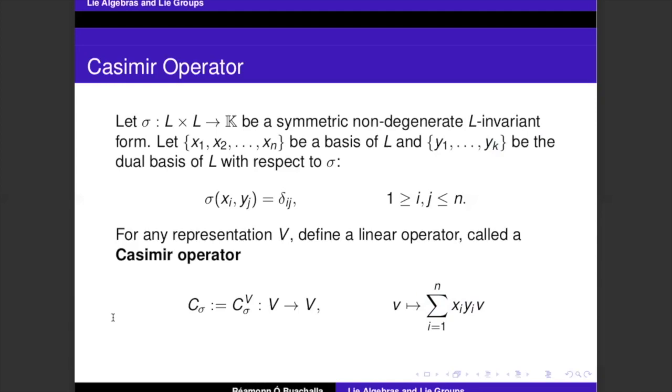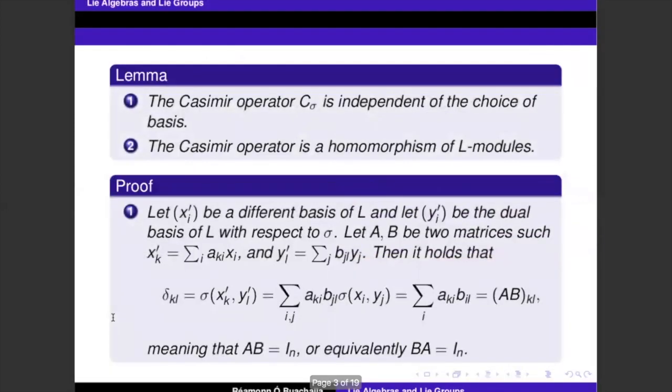So the first question you ask is that this seems a little bit artificial. We're using a basis to define an operator. In general, if the operator you have depends upon a choice of basis, then it's not a very canonical operator. It's sort of artificial. So looking at it at first glance, the Casimir operator would seem to be an artificial construction. However, as we'll now show, the Casimir operator is actually independent of the choice of basis.